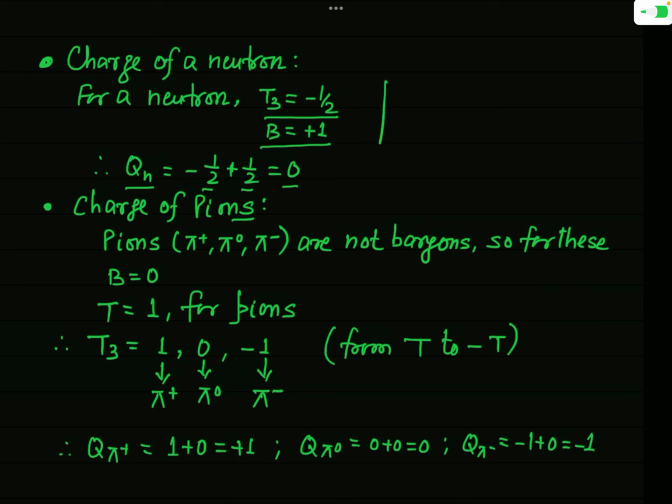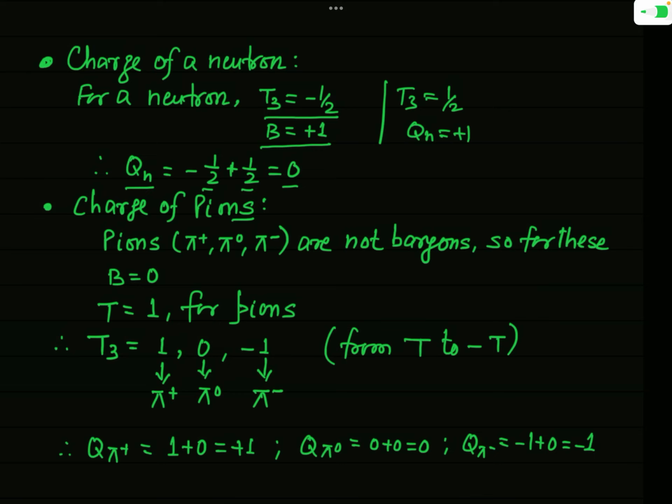But if you consider, against our convention, that T3 is equal to plus half for a neutron, in that condition the charge of the neutron will come out to be plus 1. This is not wrong, but it is unconventional. People simply do not use such a convention.